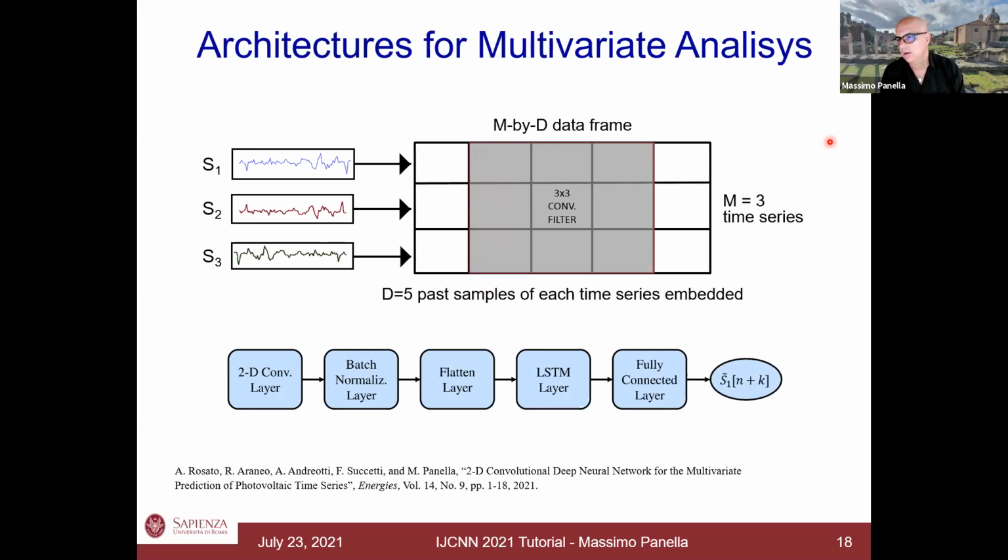But in an increasing number of actual problems, we have to deal with a multivariate approach, where more than one time series is present at the input of the system in order to forecast a new sample of one of the time series, for example, S1.